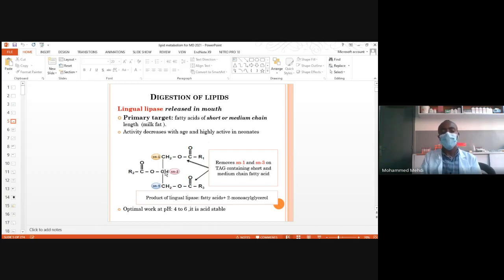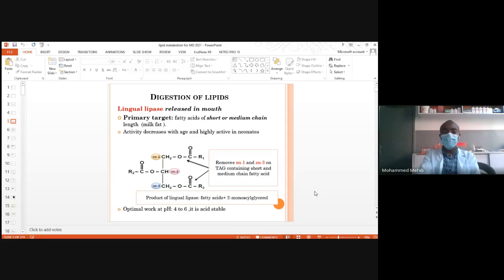Acidic pH is found in the stomach, not the mouth, where we have a neutral pH. So the function of this enzyme occurs in the stomach, even though it is secreted in the mouth, because its optimum pH is on the acidic side.